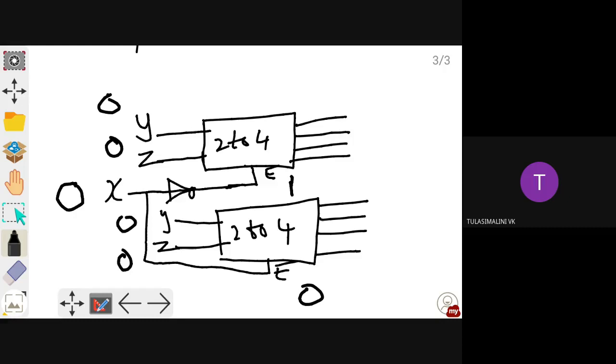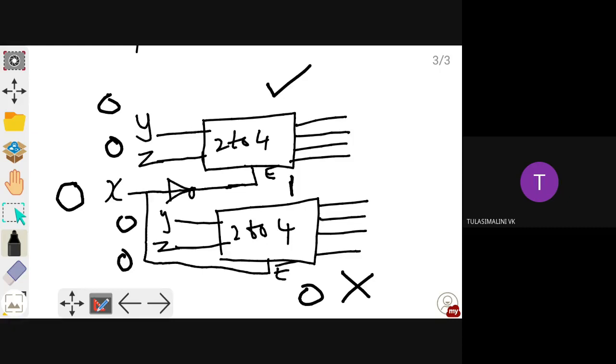So when you give 0 0 0, this decoder will be on and this decoder will be off, because 0 is inverted and going to the first input as 1, and 0 is going to the second input as 0. இங்க நான் வந்து bubble யூஸ் பண்ணல. So 1 இருந்ததுன்னா அந்த decoder enable ஆகும், 0 இருந்ததுன்னா அந்த decoder disable ஆகும்.